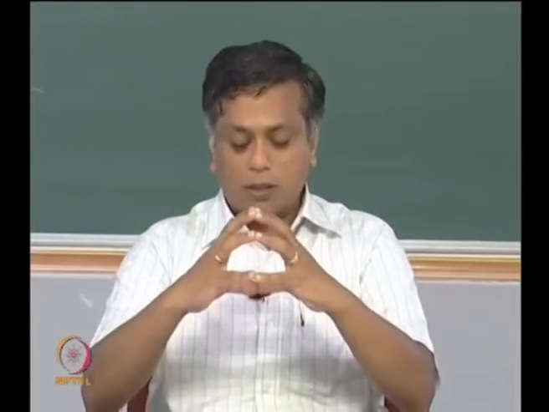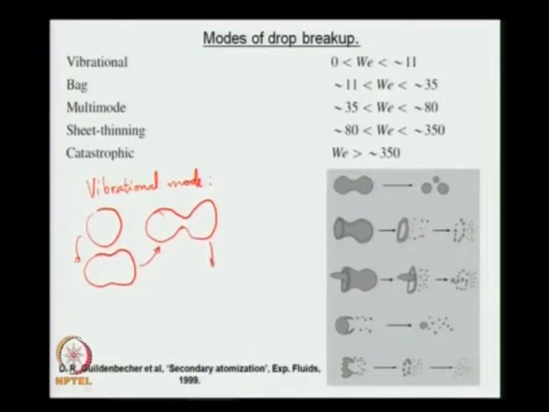So, I may have this vibration initially small, but because the air is feeding energy into this vibrating drop, the amplitude of the vibration could increase, and one could imagine very simplistically that if the amplitude of vibration becomes on the order of the radius of the drop, then from here you come to something that looks like that and it could pinch off.